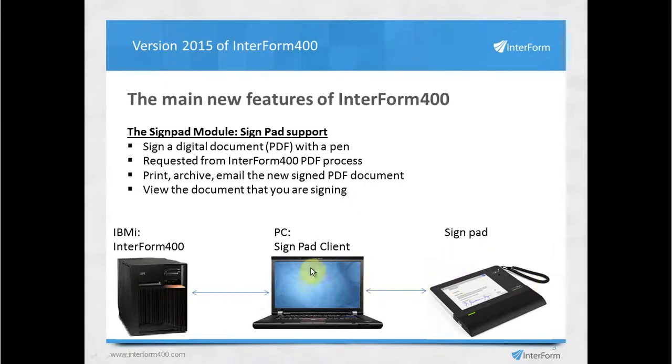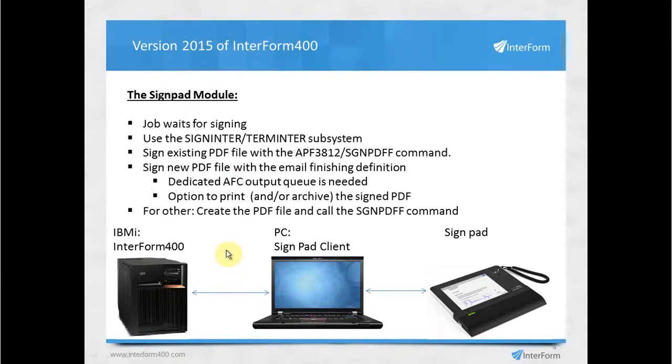For the signed PDF file, you can choose to print, create PDF files, archive it, or email this new signed document. On the host, we will run the communication through a specific subsystem that might be SIGNINTER or TERMINTER, depending on if you have a new installation or an upgraded version of Interform400.